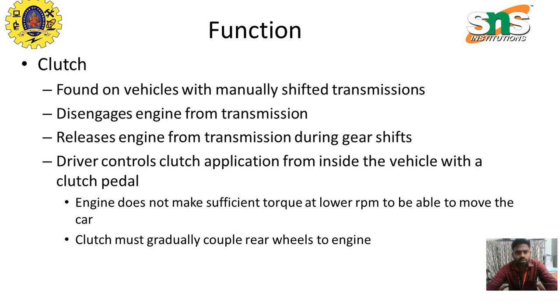In the clutch, we have other functions, including disengaging and engaging the engine to the transmission system, and releasing the engine from the transmission during gear shift. While disengaging the clutch, we can easily change the gear by disconnecting the engine power to the transmission system.